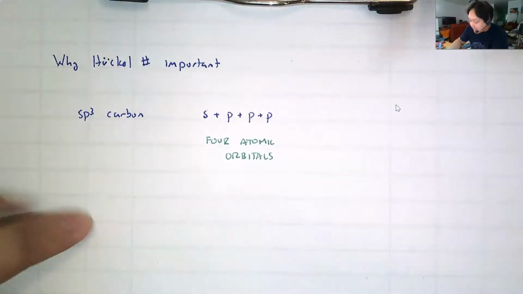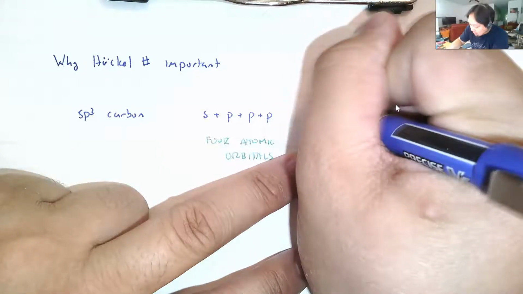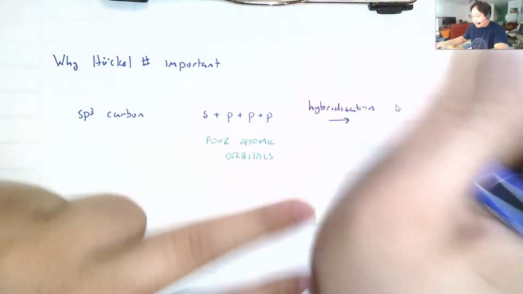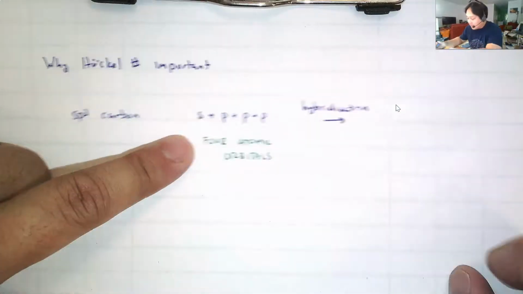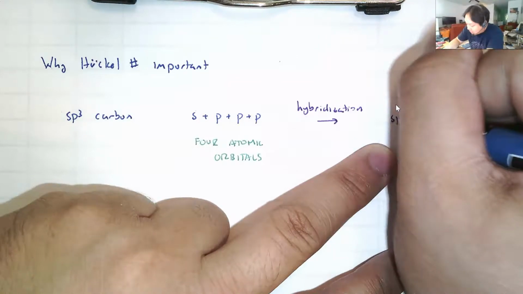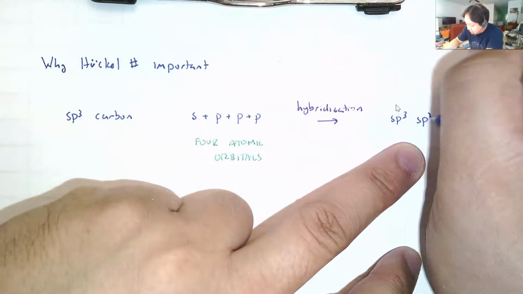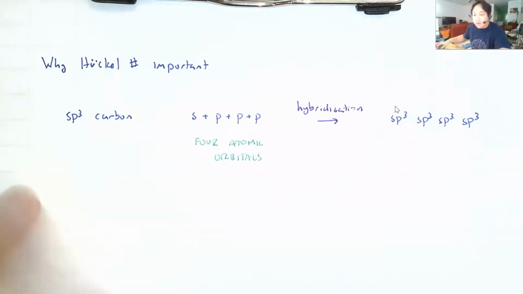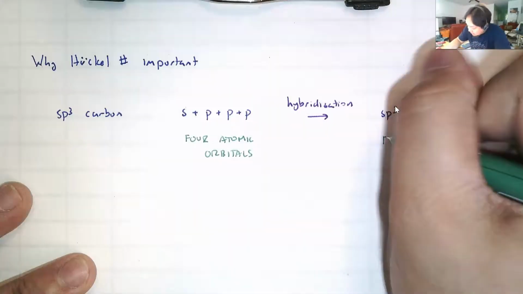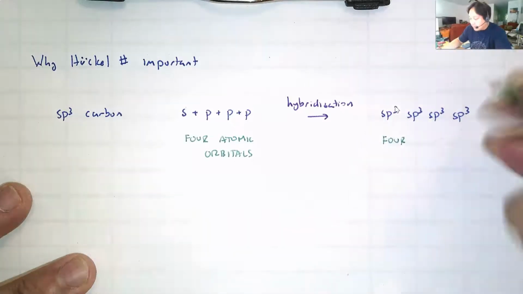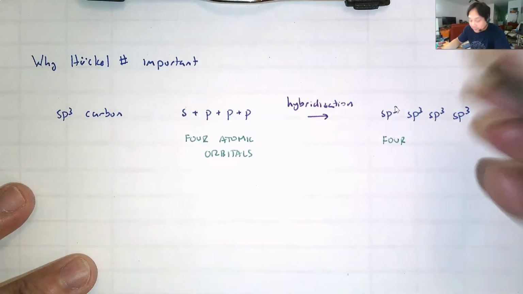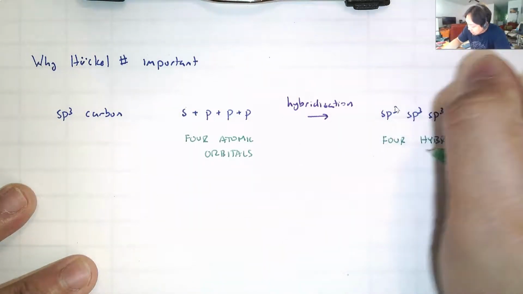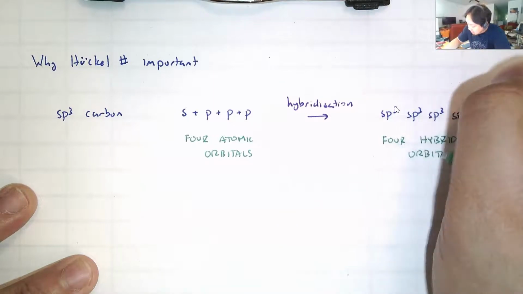Then we did hybridization. And do you remember what the rule was? If you combine 4 atomic orbitals, you should have 4 hybrid orbitals. And yes, they're all called sp3, but we should have 4 of them. That's why carbon, when everything's singly bonded around it, is tetrahedral.